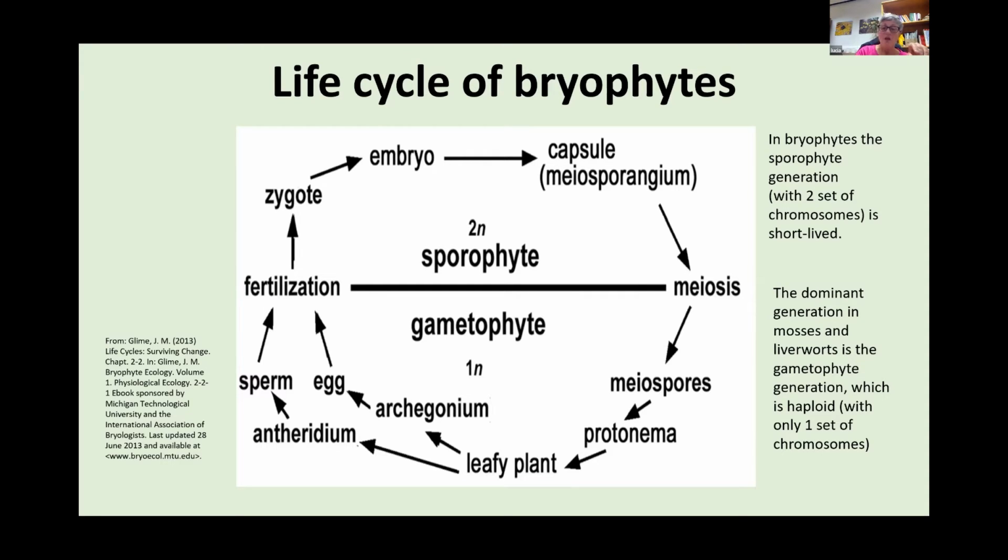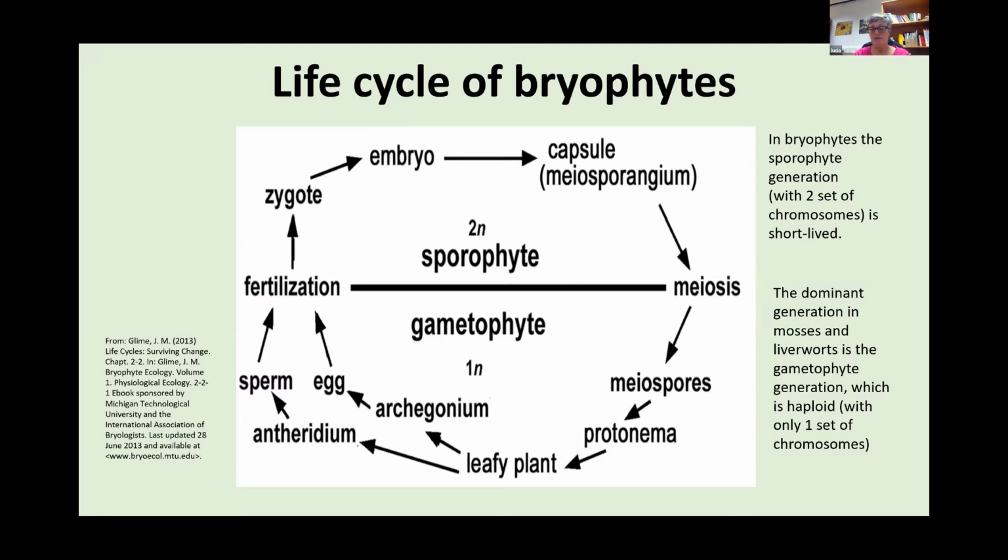If we look at it from the beginning, in the capsule, which is the last bit of the sporophyte generation, spores are created by meiosis. They disperse, and they're called meiospores because they are created by meiosis.